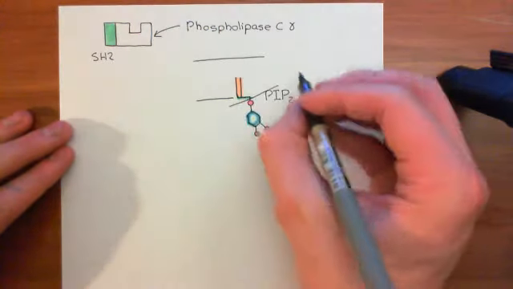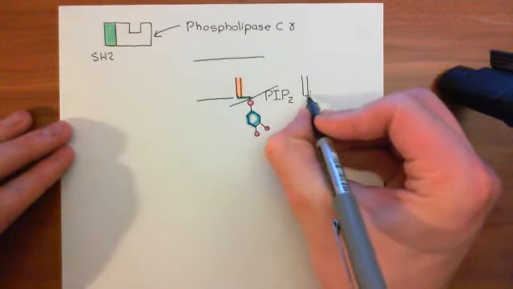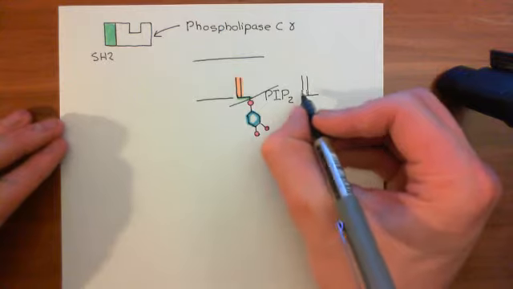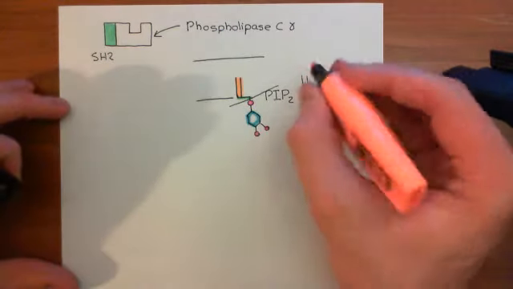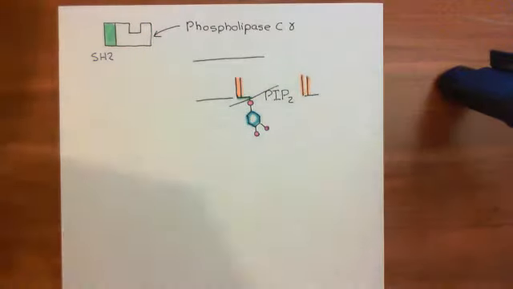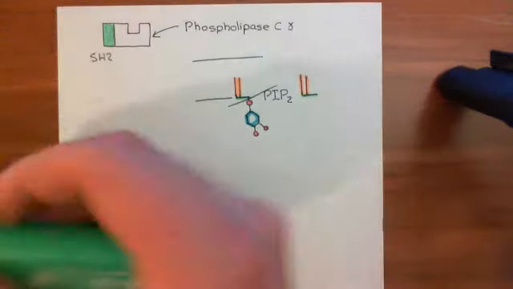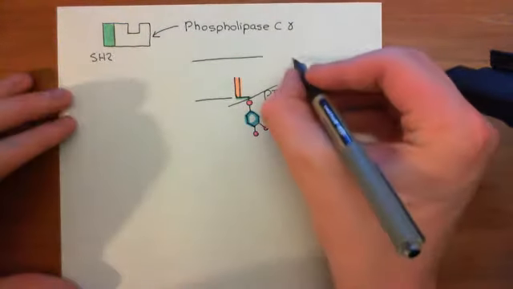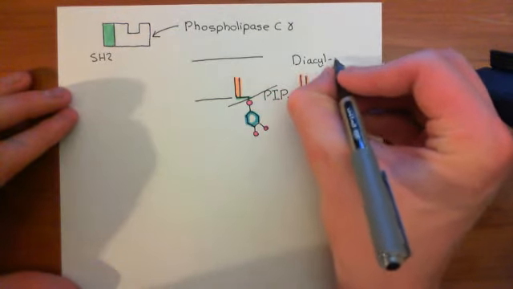One of them will remain in the phospholipid bilayer. This one where you have a glycerol molecule which now has only two of its alcohol groups occupied by these two carboxylic acid molecules will remain in the phospholipid bilayer, because it's still anchored there by these two long-chain carboxylic acids.